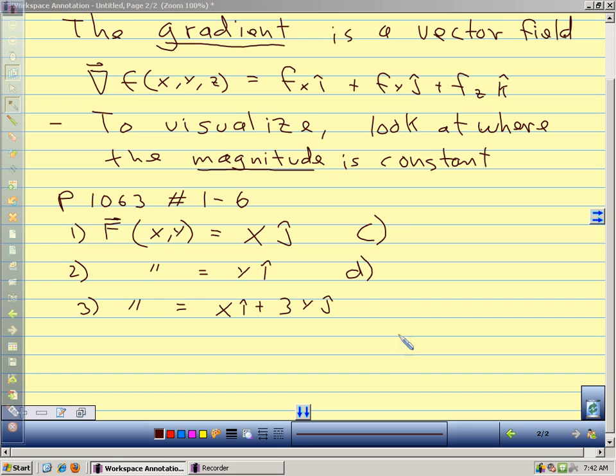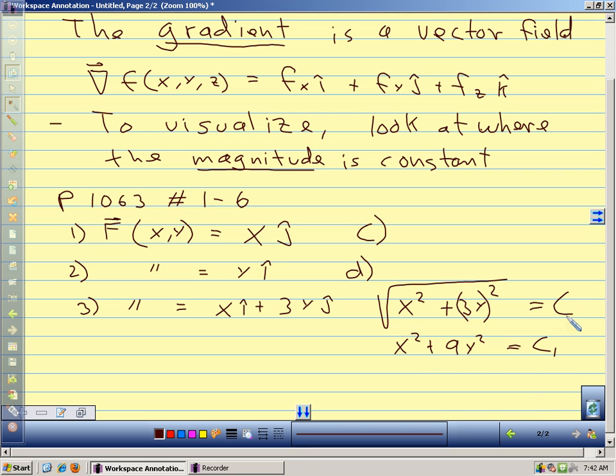So to find the magnitude of a vector, square root of x squared plus 3y squared equals a constant. So x squared plus 9y squared equals some other constant, c squared. So what kind of shape is that? That's an ellipse. And our vector is going to point outward.